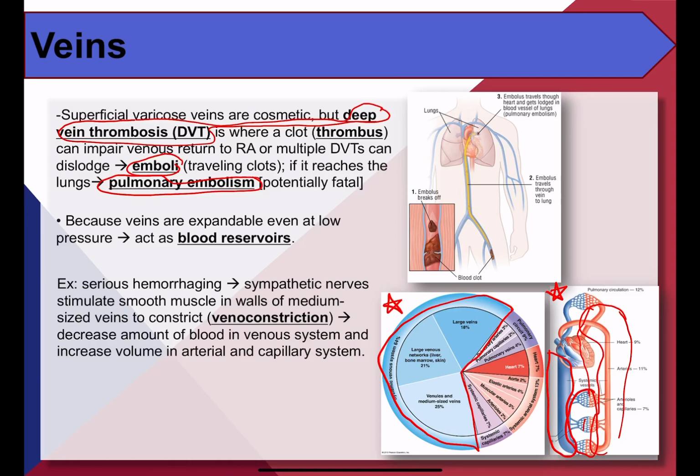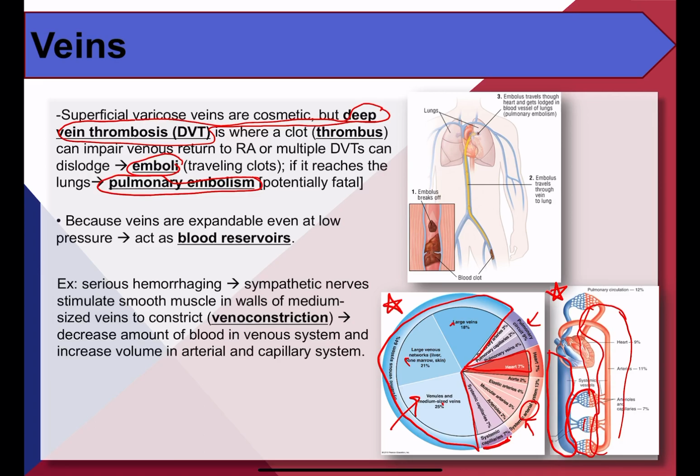Here it says only about 7% of your total blood is within the heart, about 9% is within the pulmonary circuit, and 13% is within the systemic circuit, arterial side. Then you have systemic capillary, about 7%, which is what I was saying, that a lot of times not all of your capillary beds are filled with blood, so most of your blood is spending their time within your different venous locations.